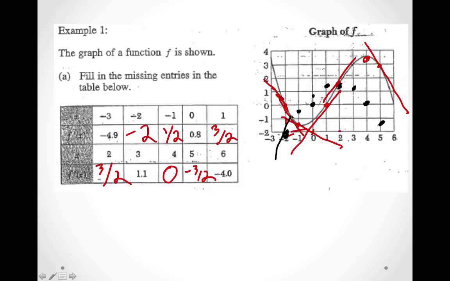So I think I had my origin in there incorrectly. There's the graph of the slopes. So we're finding the slopes at each of the values. Good stuff.